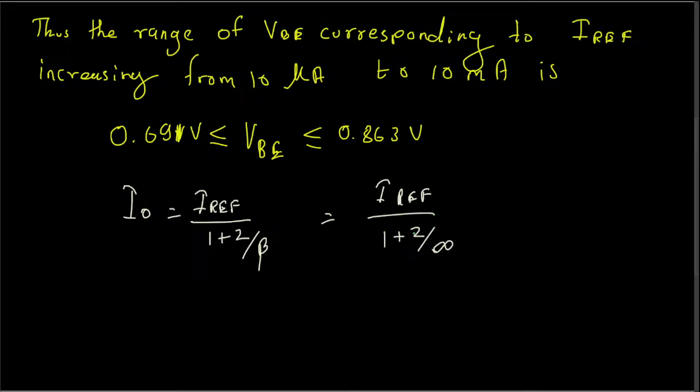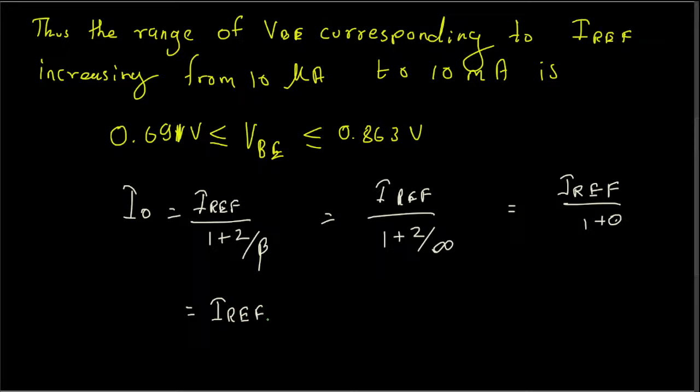When you divide a number by a very large number, that tends to go to 0. For example, if you divide 1 by 1 million, that's almost 0. So this ends up being I reference over 1 plus 0, so we can say I naught is equal to I reference.